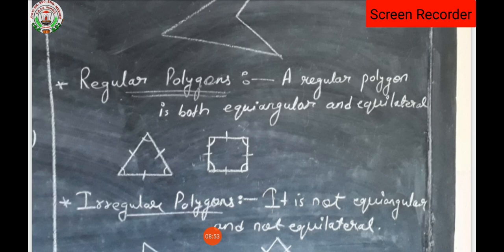And equilateral means all 3 sides must be equal in length. Such polygons having both equiangular and equilateral properties are said to be regular polygons, for example a square as well as an equilateral triangle.